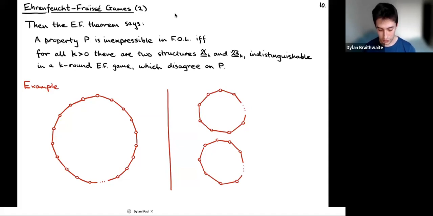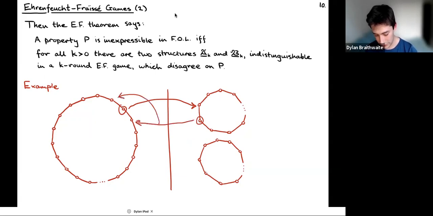So wherever the duplicator goes, you might pick a vertex here, and then the spoiler picks a vertex here, and then the duplicator just has to pick one vertex in the other structure to send that vertex. So maybe he'll say there, at this point it doesn't matter, and the spoiler might say here, and the duplicator then has to send it either to here or to here.